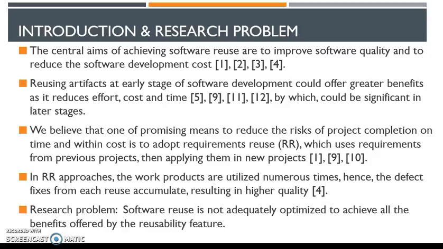In requirements reuse approaches, the work products are utilized numerous times, hence the defect fixes from each reuse accumulate, resulting in higher quality. What we are trying to address is the research problem that software reuse is not adequately optimized to achieve all the benefits offered by the reusability feature.